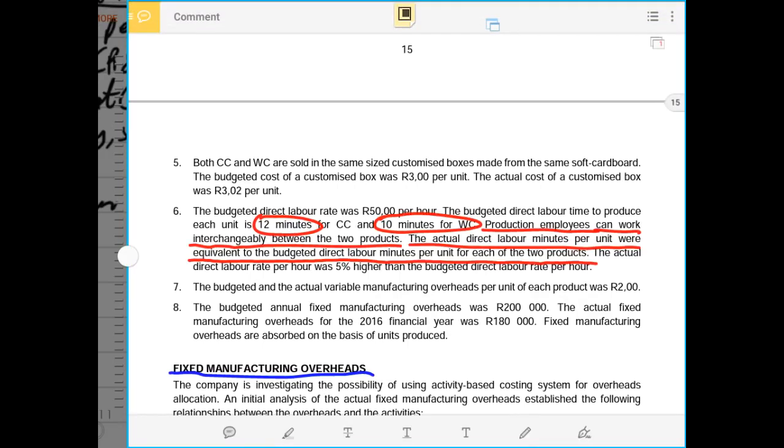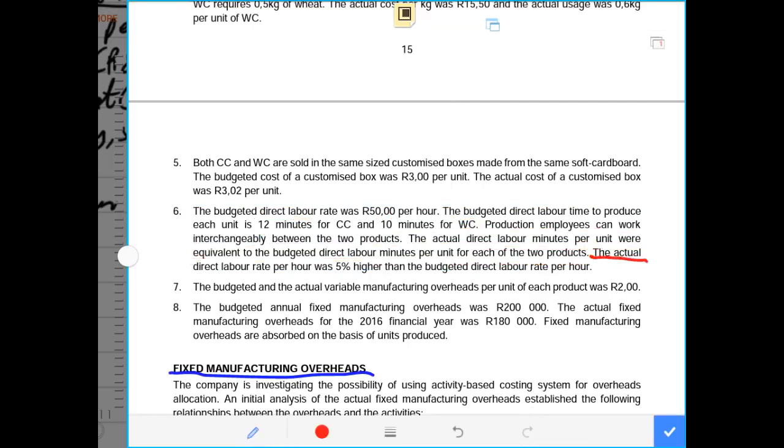So now there was no variance with regards to time. However, they are telling us that when it comes to the actual direct labor rate, there was a 5% increase, meaning the actual direct labor rate per hour was 5% higher than the budgeted rate. Remember, we previously said that budgeted we had 50 rand per hour.